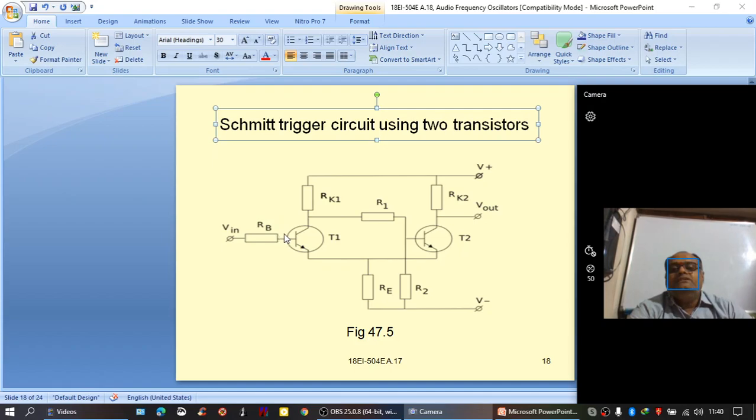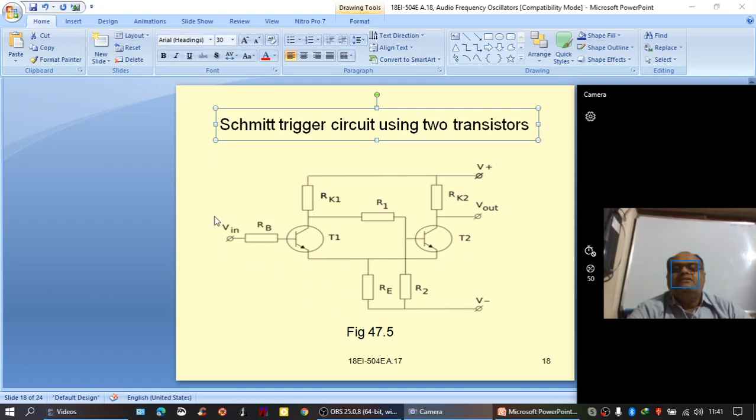And we know that this is an NPN transistor and the base has to be at a more positive potential than the emitter for the transistor to conduct. The base emitter junction should be forward biased and the collector emitter junction should be reverse biased for the transistor to conduct. So naturally, the voltage at the base of the transistor should be greater than VBE plus VRE.